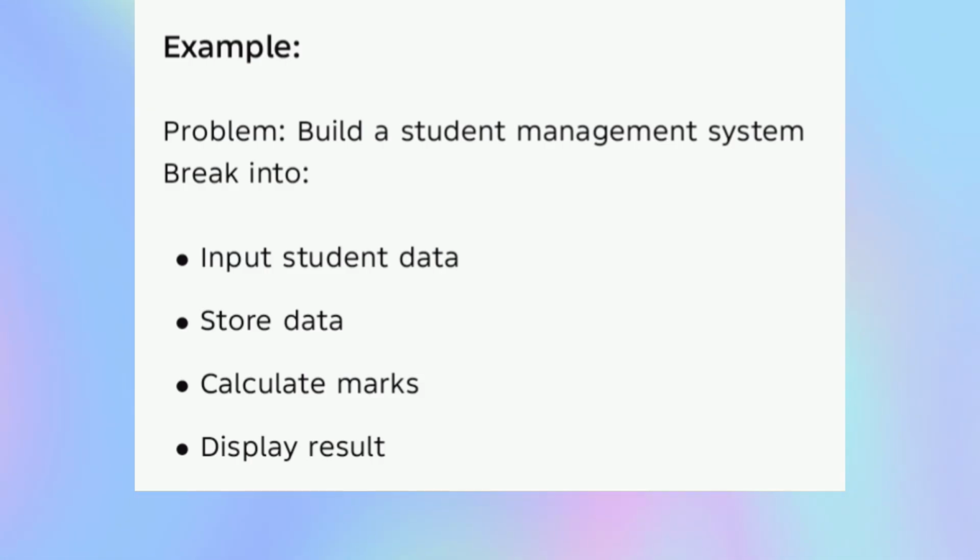This is an example of decomposition. Decomposition means a complex or large problem is divided into a number of sub problems. We find the solution to each sub problem and merge them. There are two types of decomposition: one is the top down approach, another is the bottom up approach.